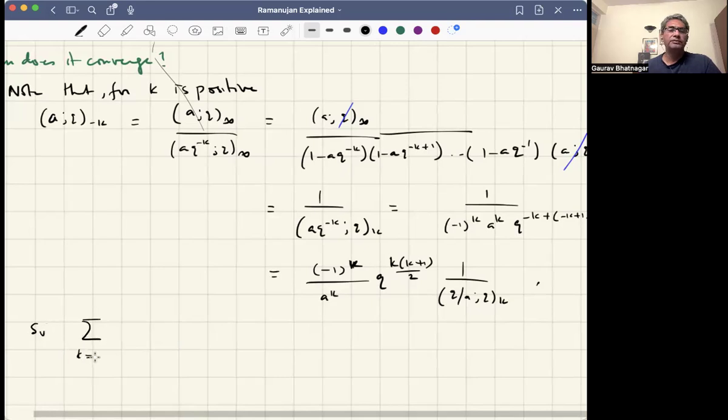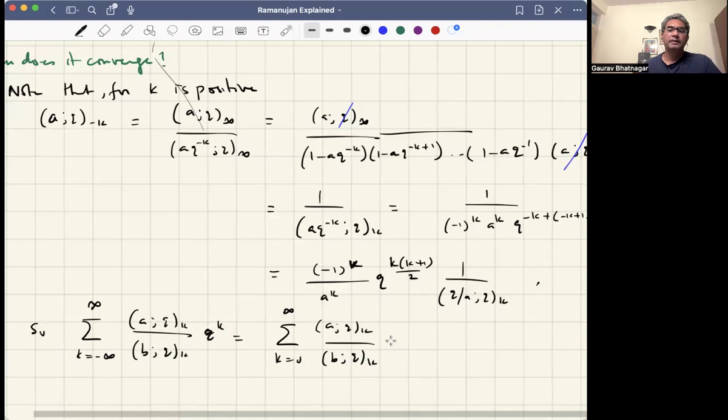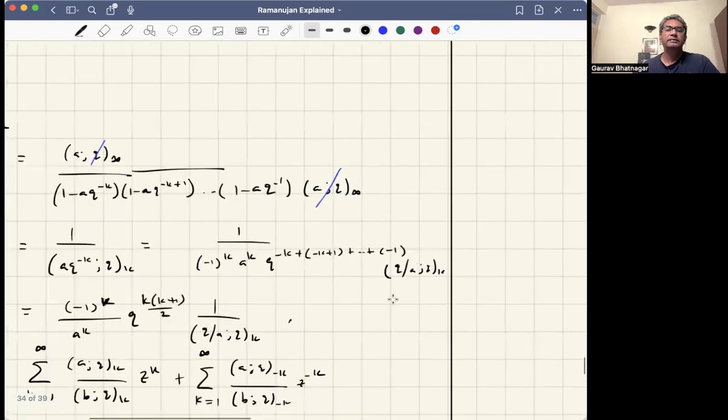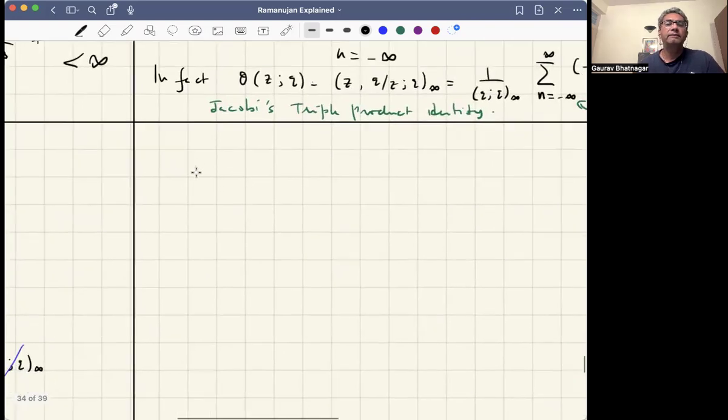Now using this identity, we get the sum which we started with, (a; q)_k over (b; q)_k z^k, and we write it as k going from 0 to infinity, (a; q)_k over (b; q)_k z^k, and then the negative terms, k going from 1 to infinity, (a; q)_{-k} over (b; q)_{-k} z^{-k}.